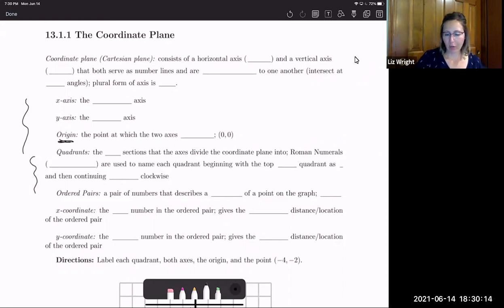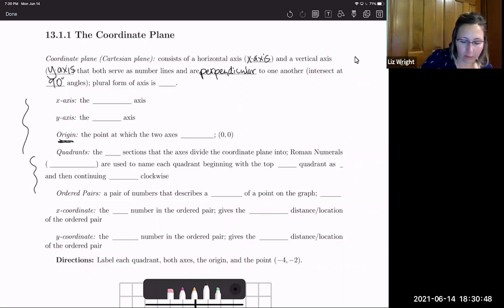Our coordinate plane, or Cartesian plane, consists of a horizontal axis, which is our x-axis, and our vertical axis, which is our y-axis, that both serve as number lines that are perpendicular to one another, which means that they intersect at 90-degree angles.